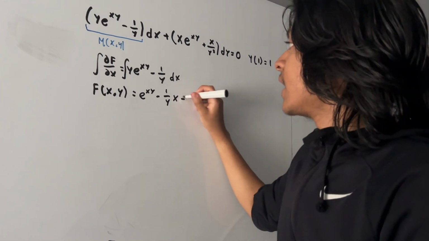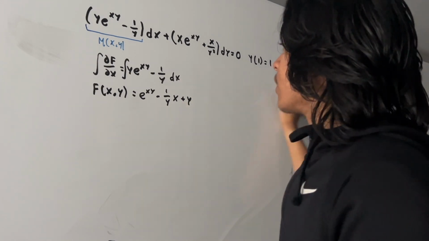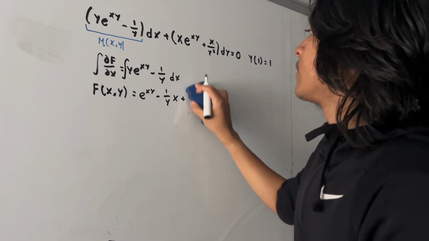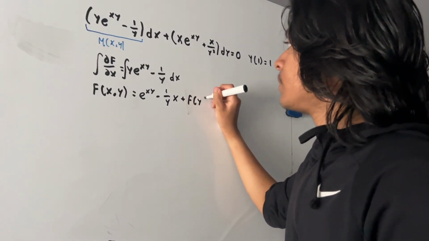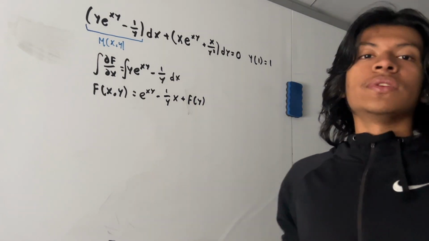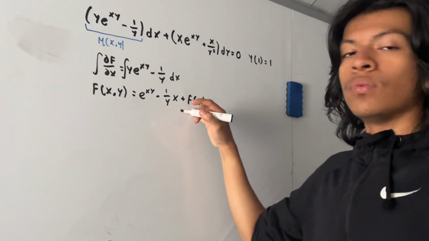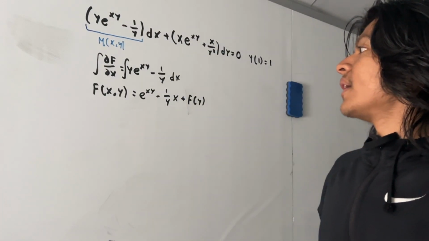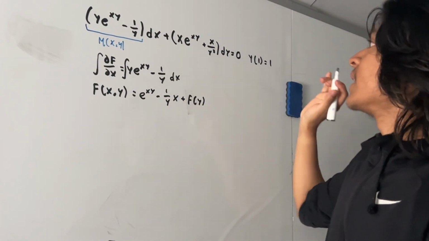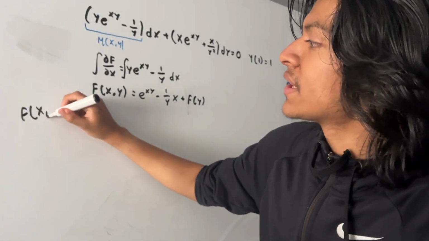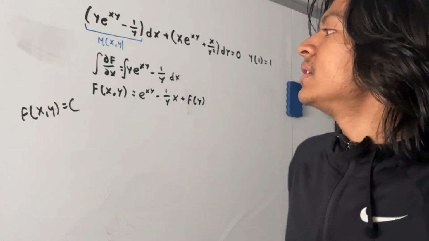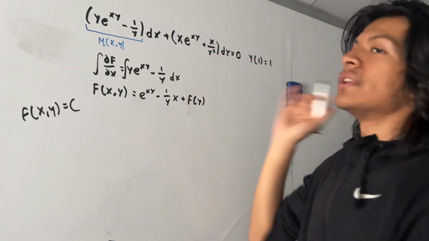And don't forget about our constant, which is going to be in terms of y. And we're pretty much doing the same thing. We're going to find what this constant is. And once we find that, we can let f of x, y be equal to c, and just solve for that. Plug in the initial value problem.